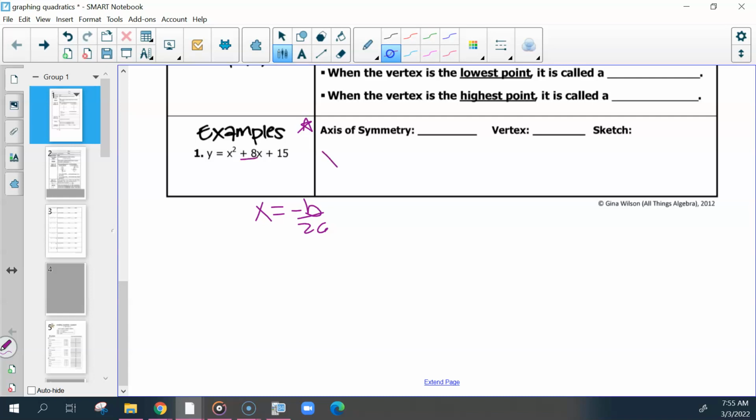So we're going to make it negative, but it was positive. And then our 2 times our a value is 1 here. And then we can simplify. Negative 8 over 2 times 1, or x equals negative 4. This is going to go in your axis of symmetry.